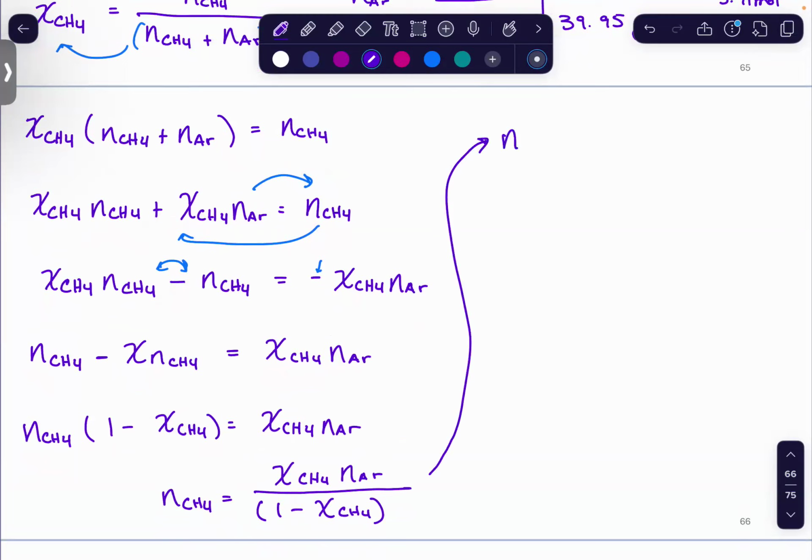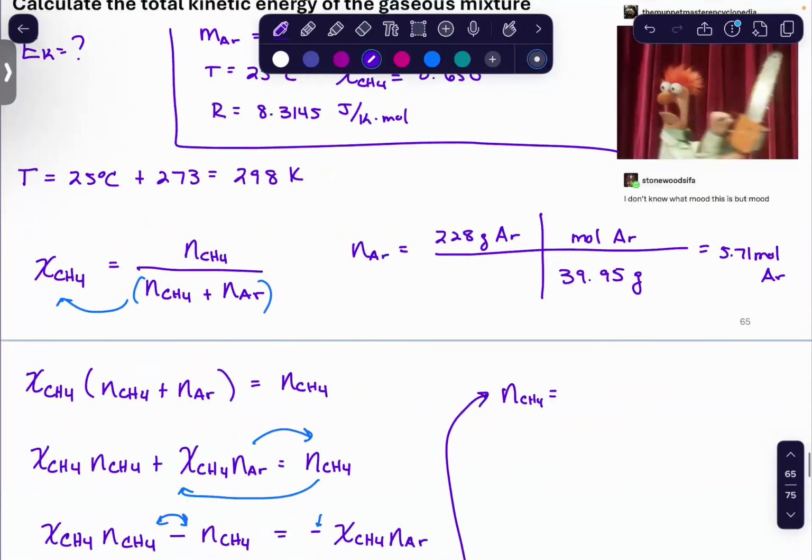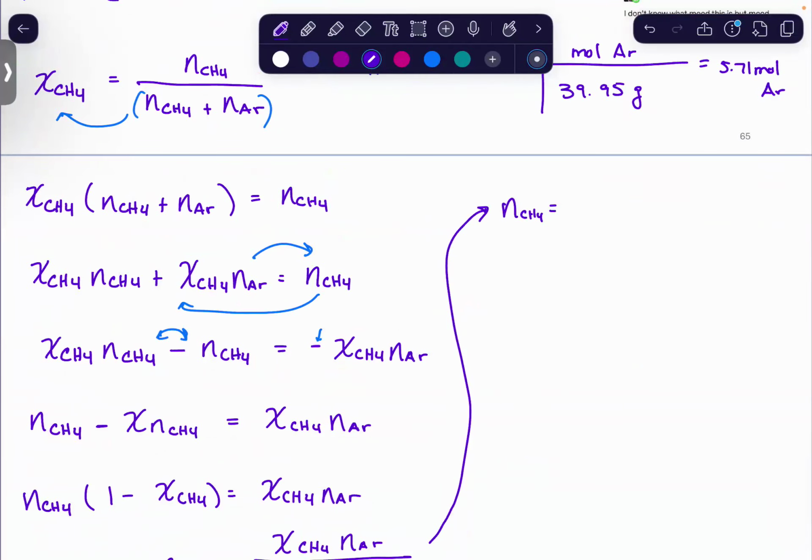So moles of CH4: our mole fraction, 0.650, moles of argon is 5.71 moles, over 1 minus 0.650. And when you multiply this out, you are going to get 10.6 moles of CH4.